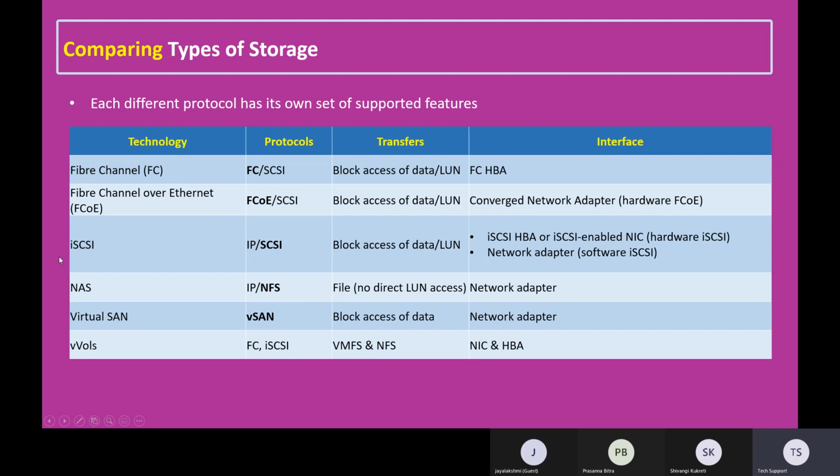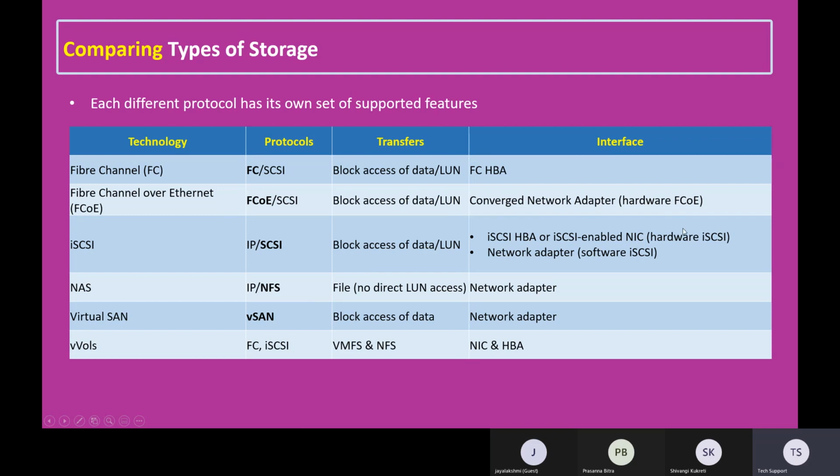And similarly, we'll observe iSCSI. For iSCSI SAN also, the protocol is either normal internet protocol or SCSI protocol, and data is stored on a LUN only, logical unit number. And here, as we discussed, iSCSI has two types of adapters. You can use an iSCSI HBA card or an iSCSI-enabled NIC.